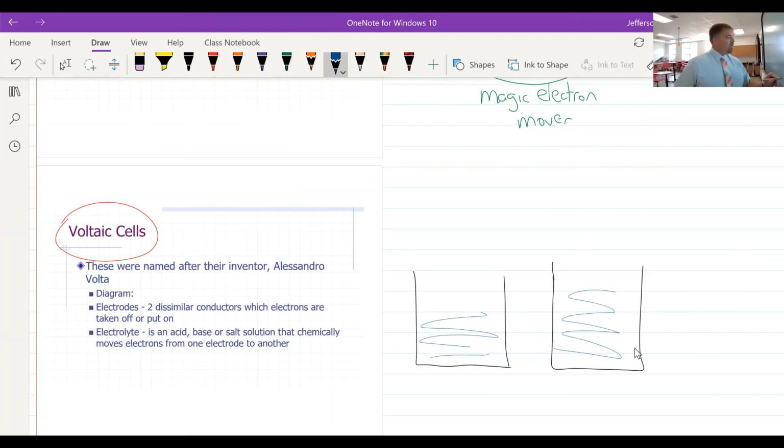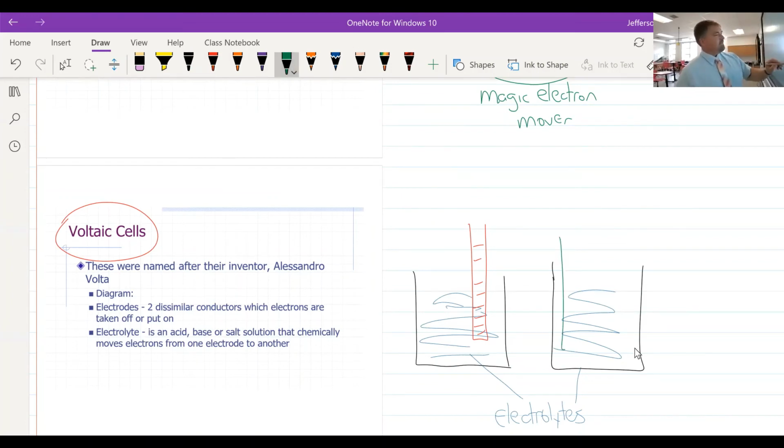You have two electrolytes, which are fluids, with a lot of different things in there, acids or bases or salts, and we'll talk about that a little bit later. And inside, I'll put these in red, you have two dissimilar metals. I'll put this one in green to show you that they're different. These are known as electrodes.